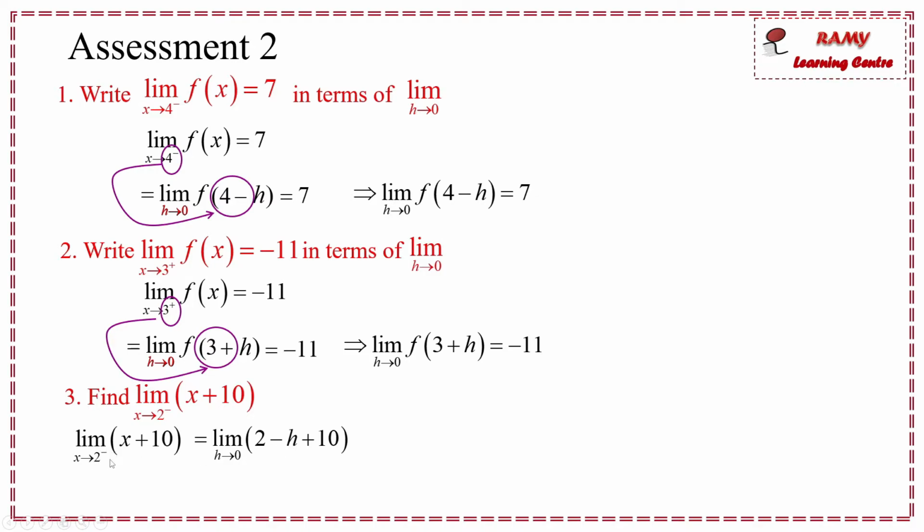So you just have to include h to this and write x in terms of h. 2 minus h plus 10. So I have substituted the value 2 minus h in the place of x. This is equal to limit h tending to 0 of 10 plus 2 is 12 minus h. Now substitute the value h is equal to 0 in this and you get the result as 12.